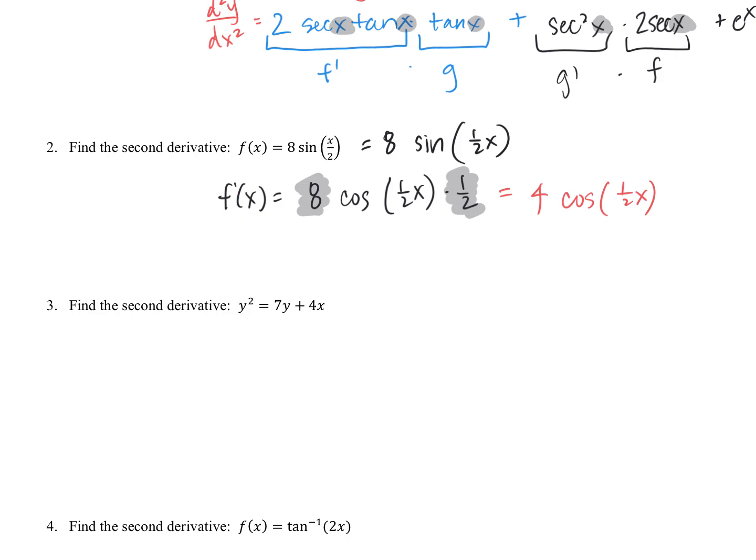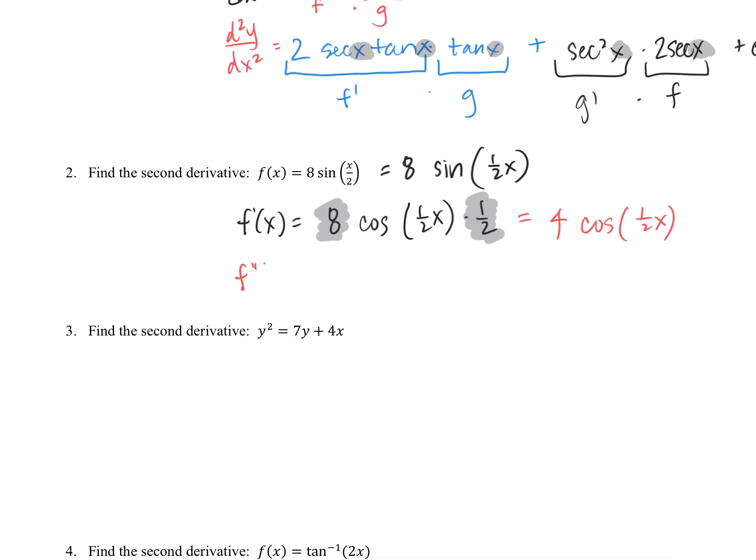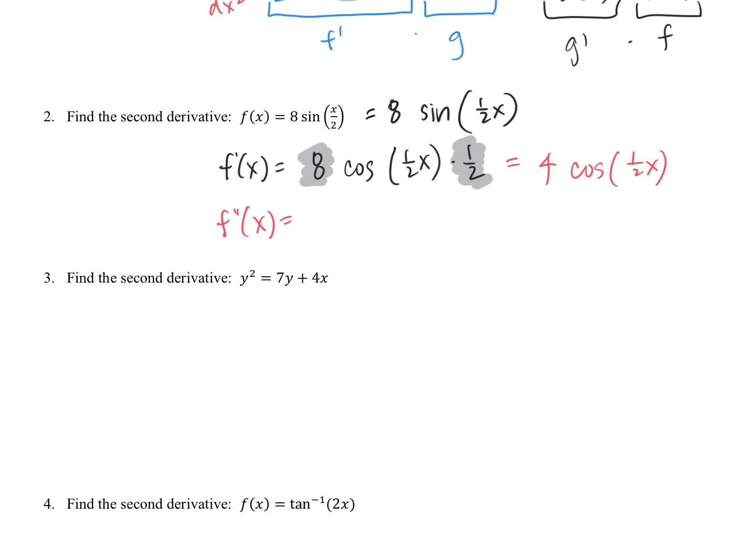All right, guys. The second derivative we're going to say is called f double prime. Second derivative of x is going to get us what? The derivative of 4 cosine would turn into... Nice, because the derivative of cosine is negative sine. That 4 is hanging around.